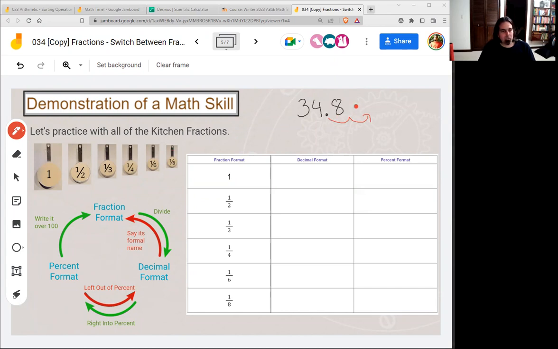No, okay, I will remind you. We put zeros here. You're allowed to fill in empty spaces with zeros.